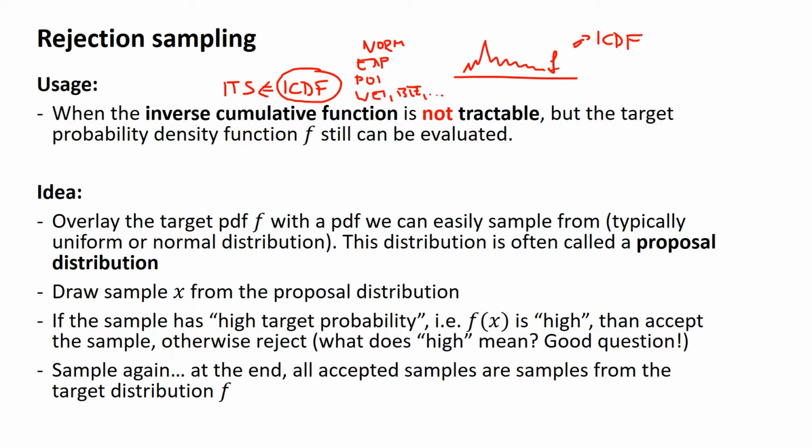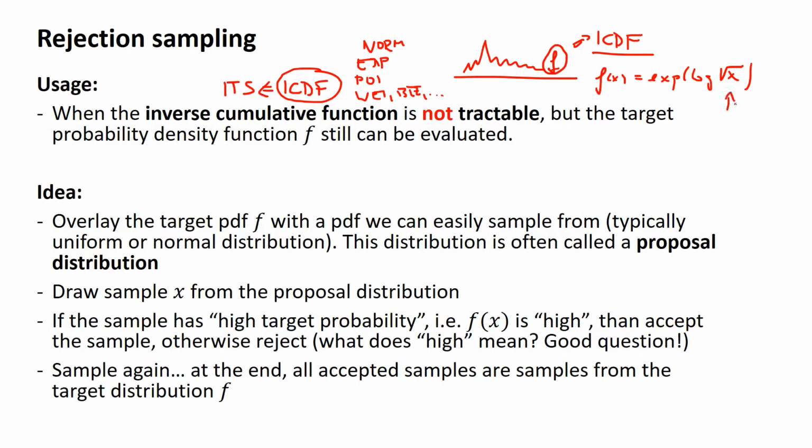Rejection sampling does not really need the ICDF. The only thing it needs is that the density function can be evaluated. Basically, this means that if we have, let's say, the function exp log, for example, something like this, we are computationally able to evaluate it.